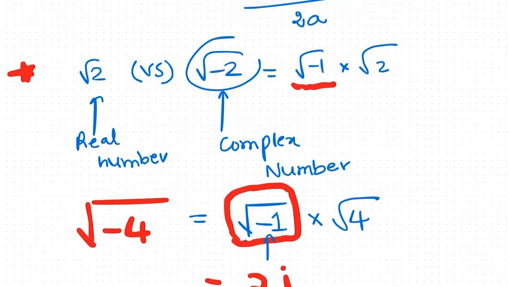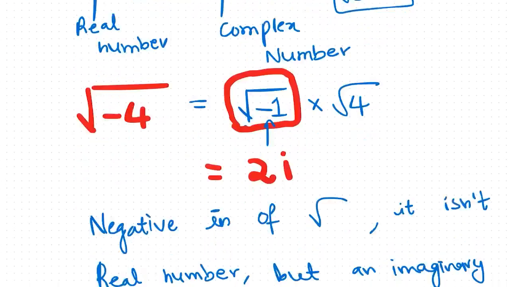And this one in the top, the square root of negative 2, was a complex number, root 2 iota, imaginary.